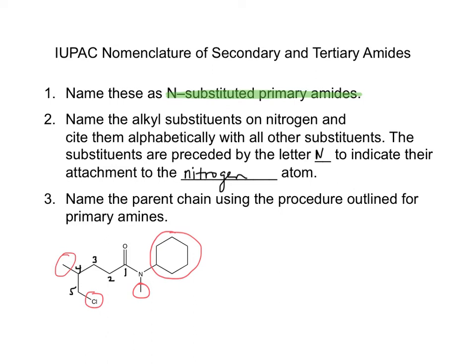Alright, let's go ahead and name this thing. The chloro will come first, so it's 5-chloro. Then the cyclohexyl, it's on the nitrogen, so N-cyclohexyl. And then I'm going to deal with those methyls. I have one on the nitrogen and one at number 4, so I'm going to go N, 4, and you could go 4, N, dimethyl.